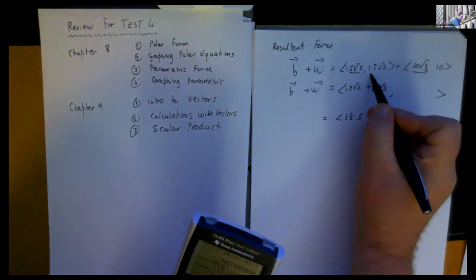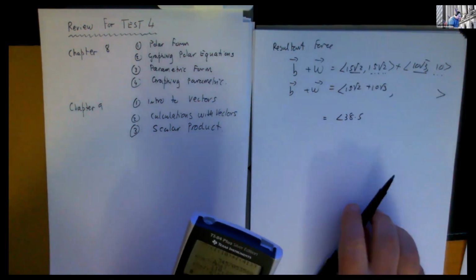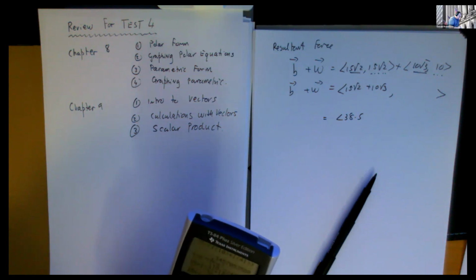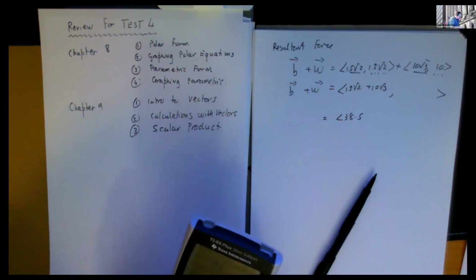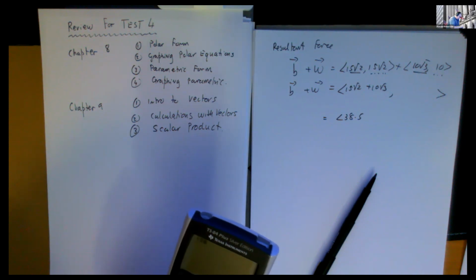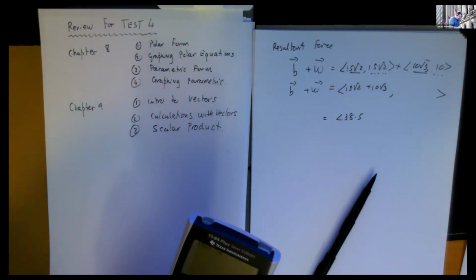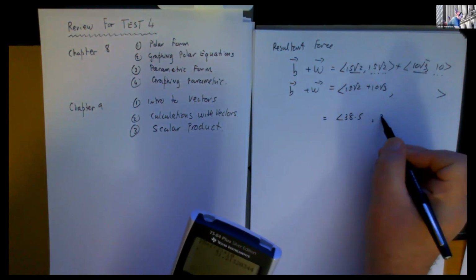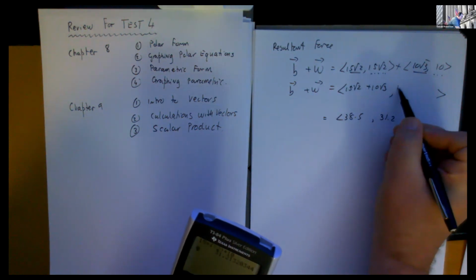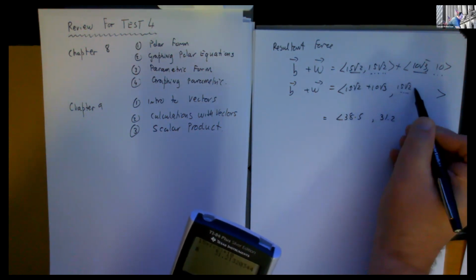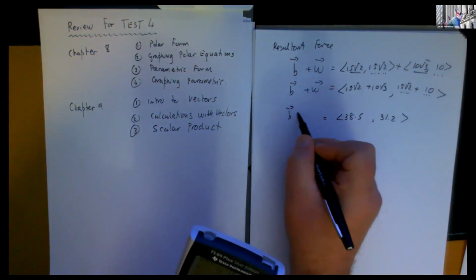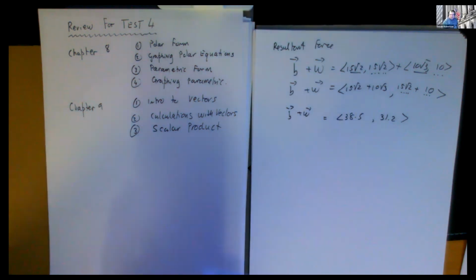Now, that guy plus that guy is next. So 15 times the square root of 2 plus 10. Hit the wrong button there. 15 times the square root of 2 plus 10, and I get 31.2. So we're going to be taking 15 root 2 and adding 10. Have you noticed that I've turned them into decimals now?